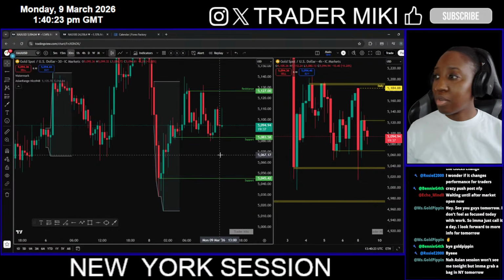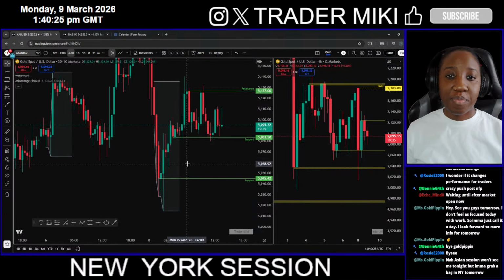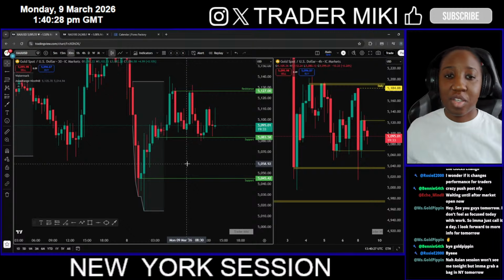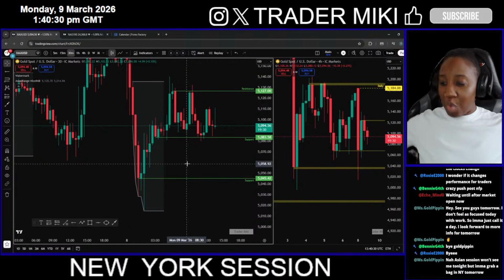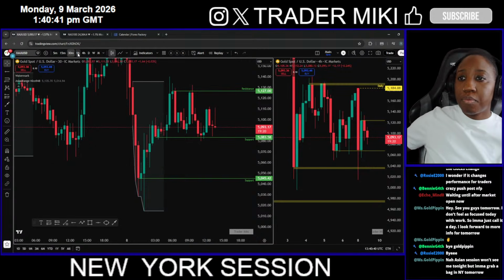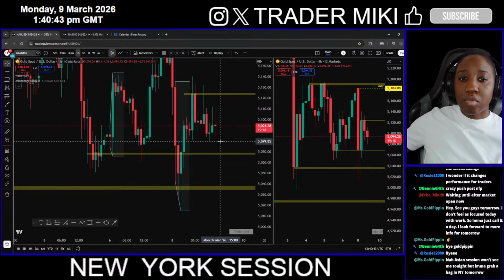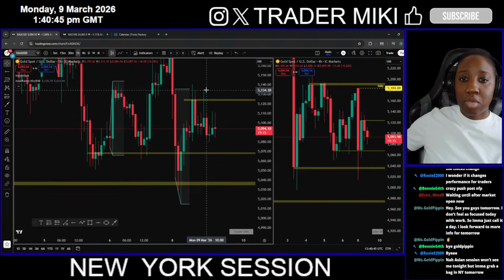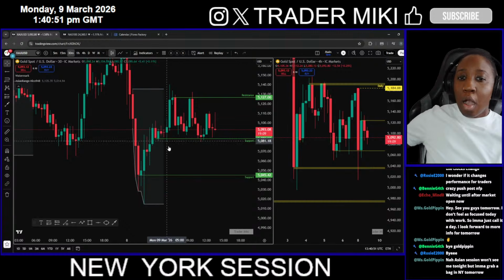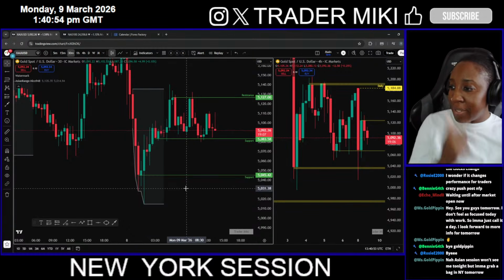Man, I wish gold wasn't so wicky though. This structure is very tough to trade. Very tough to trade. Just long wicks. Ranging.